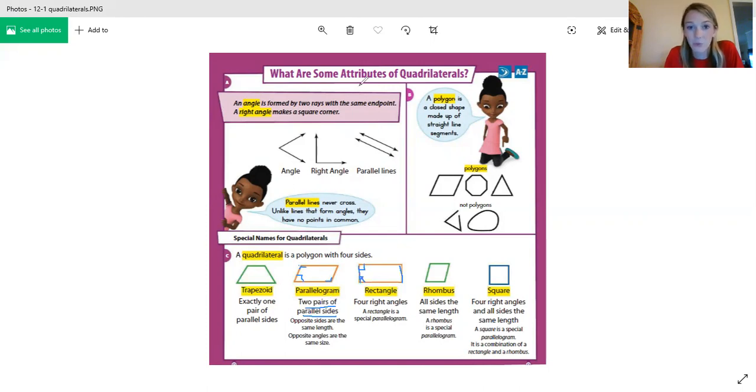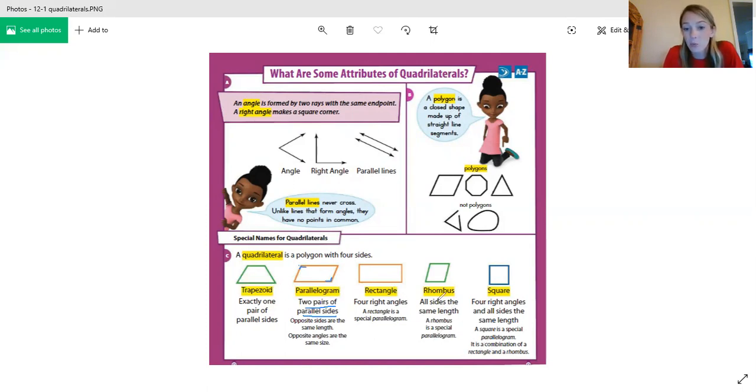Okay, let's move on to rhombus. Get rid of my ugly right angles over here. Okay. This is our rhombus, and it says all sides are the same length. So a rhombus is a special parallelogram, just like a rectangle was.